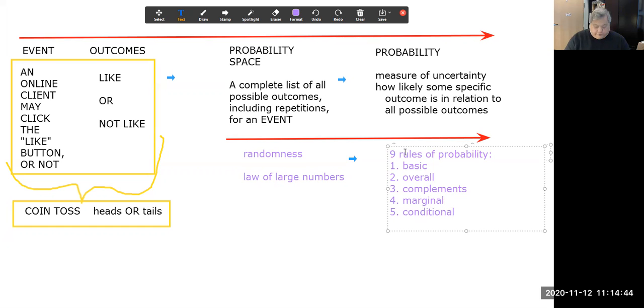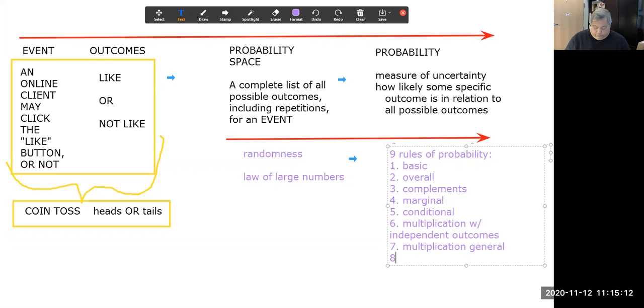And then there are 2 versions of something called the multiplication rule of probability. Multiplication with independence, independent outcomes, and multiplication without independent outcomes, or general.